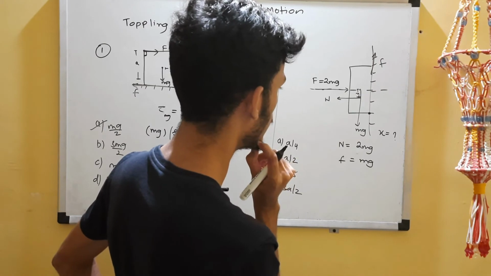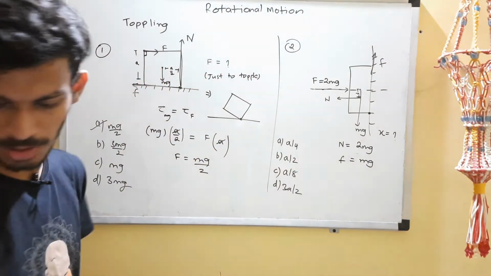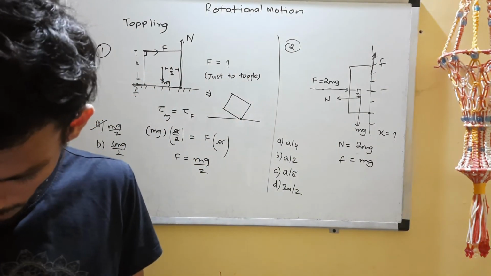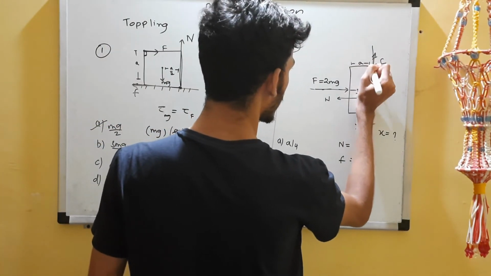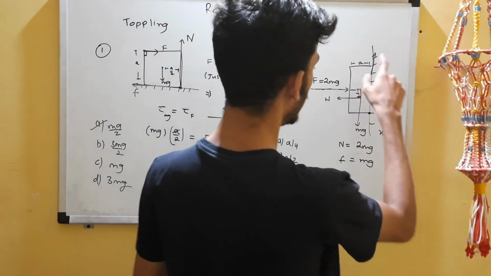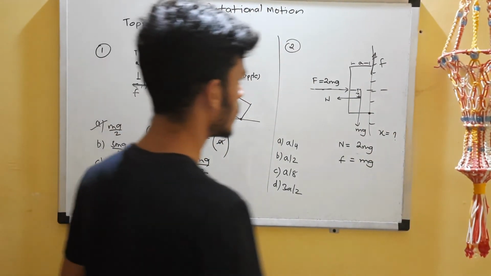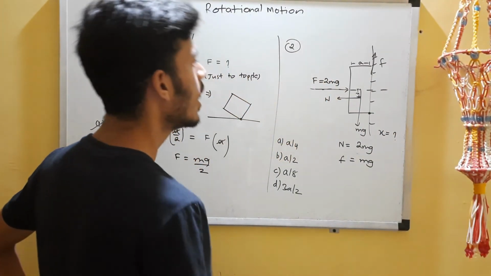Okay, now again I missed out something, I guess. This distance should be a. Let me just check that. Yes, the distance was given as a. I forgot to write it, sorry.